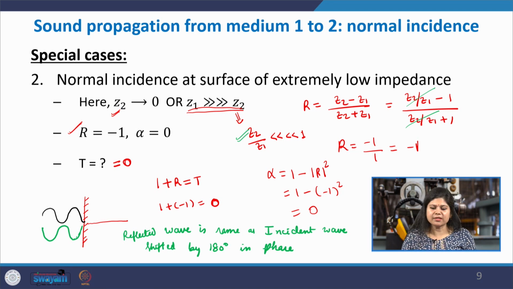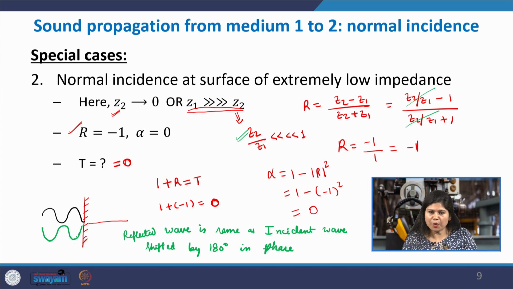So, this is a very favorable case. What is happening is that suppose we are travelling from a high impedance to a low impedance medium in terms of noise control in mechanical systems. If such an interaction is encountered, what happens? We are able to bring down the transmission to 0. In an ideal situation, the transmission through that boundary becomes 0.